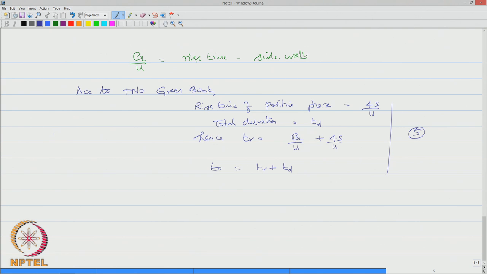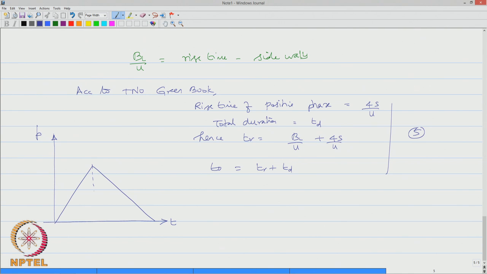If you look at them graphically in the pressure time representation, the pressure rises, then it drops.